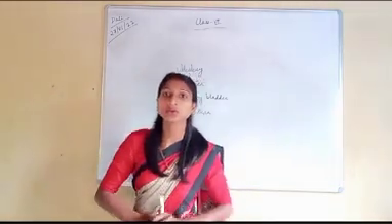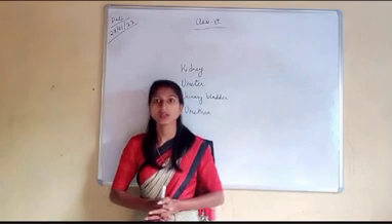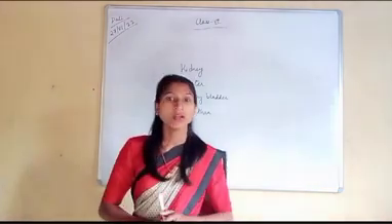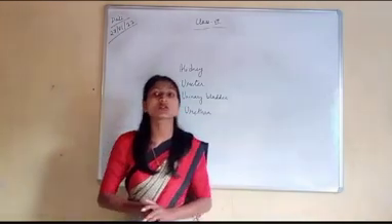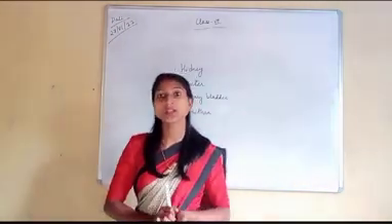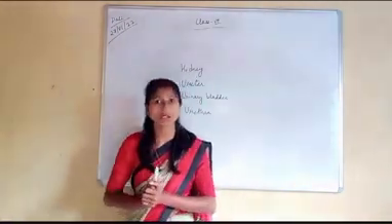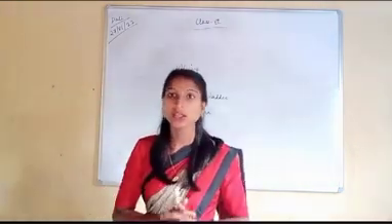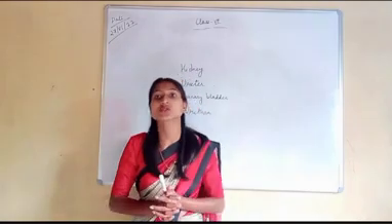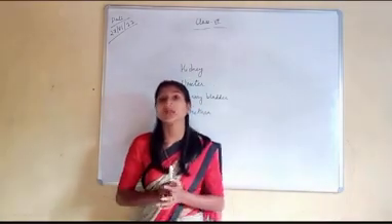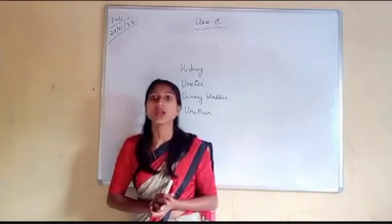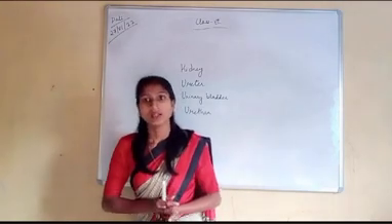Now we all know that human beings consist of two kidneys. Each of them is a bean-shaped structure, isn't it? So each of these kidneys consists of millions of microscopic filtration units, which is known as your nephron.